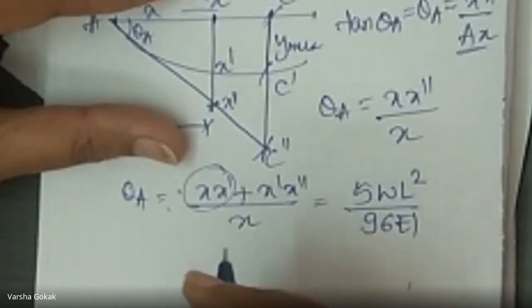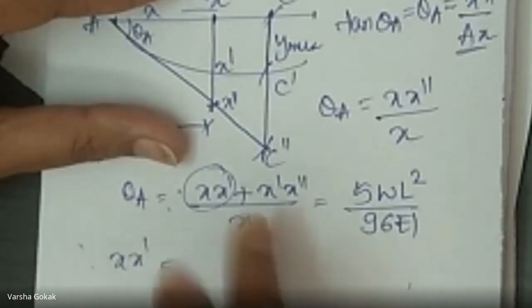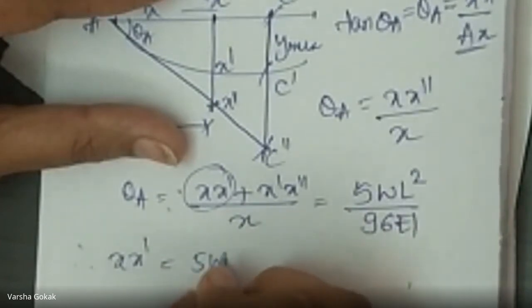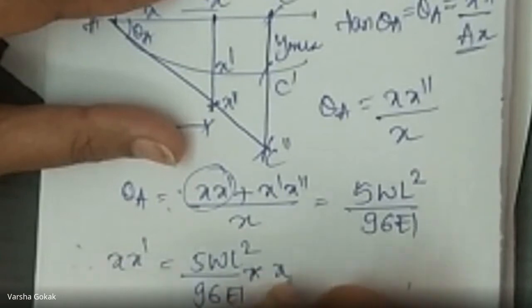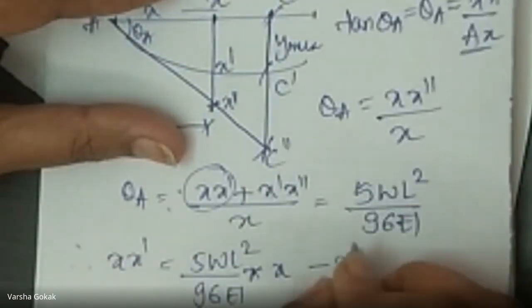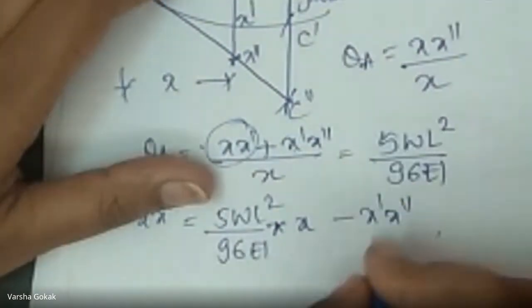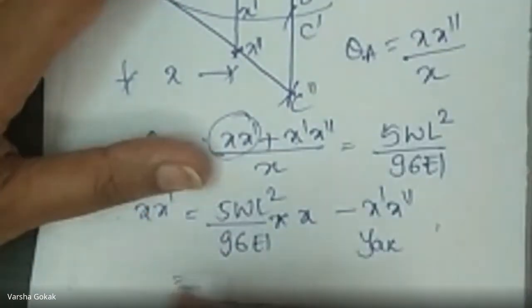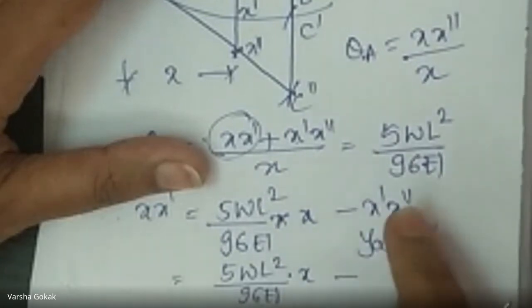That is the deflection at point C, actual deflection at point C. Therefore, if I want x, x dash, I send this x over here, it becomes 5 W L square divided by 96 EI into x, and this goes here, minus x dash, x double dash. X dash, x double dash is nothing but your y(ax), what we obtained. So substitute 5 W L square divided by 96 EI into x minus y(ax) value.